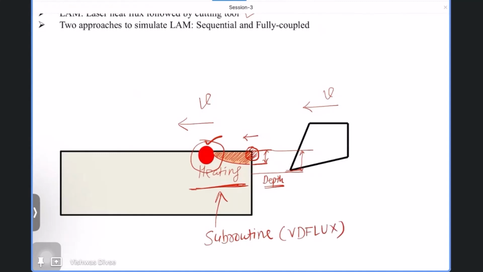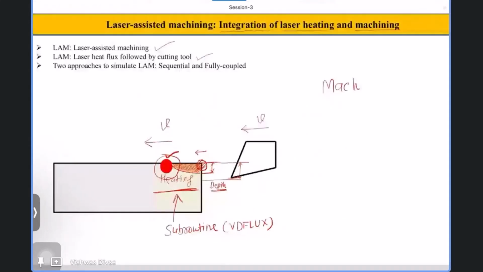Because machining simulation involves all kinds of nonlinearity. Say material nonlinearity, because the material involves plasticity, damage, and so on.